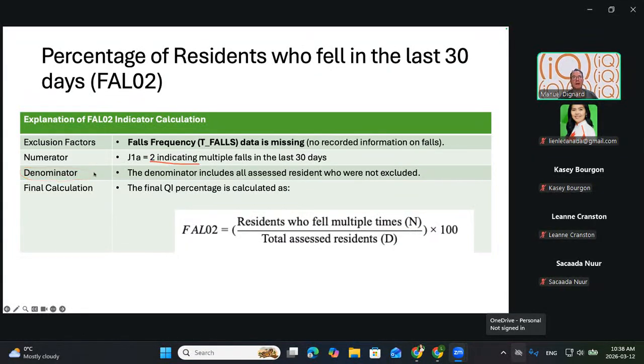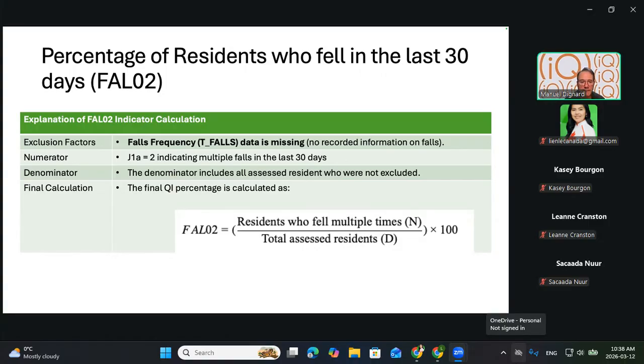If you've had multiple falls in the last 30 days, you trigger. So this indicator is important because it gives us insight into how well we are managing fall prevention strategies in our home.